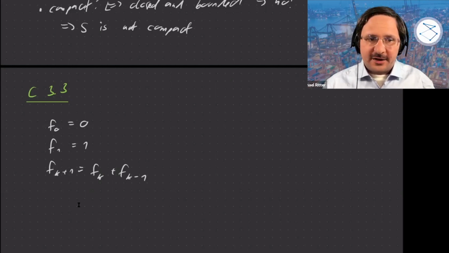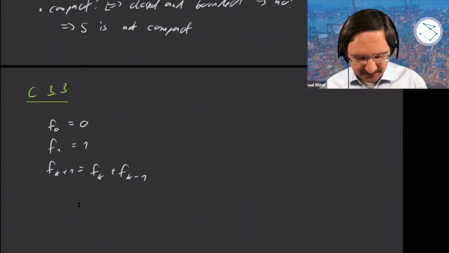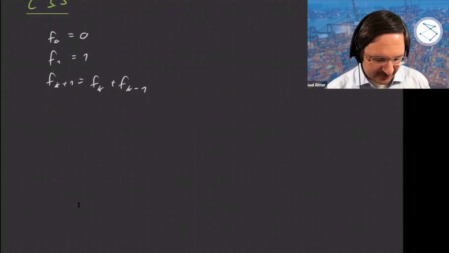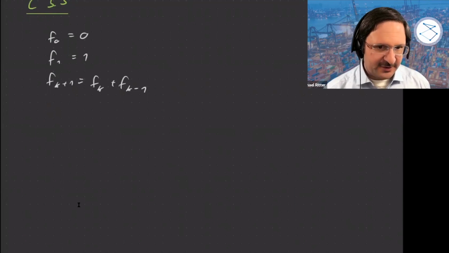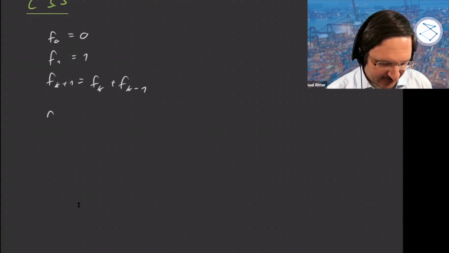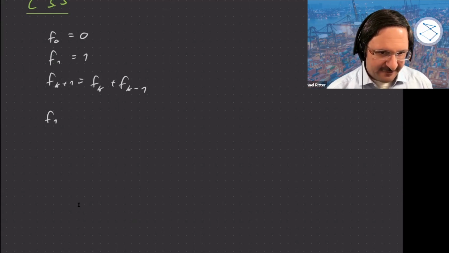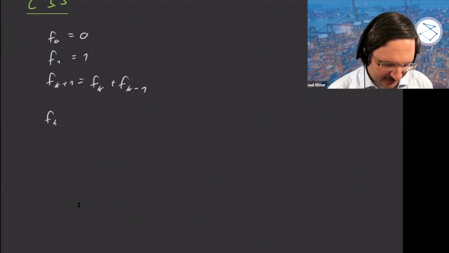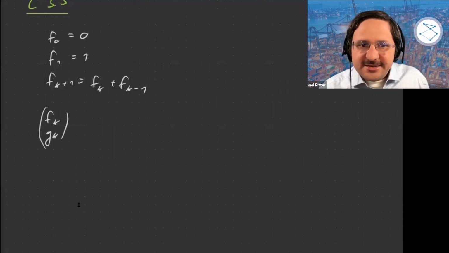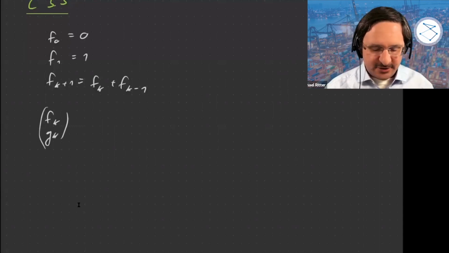And of course, that can also be written as a vector-matrix equation. So the idea here is simply to say, well, I have this sequence (f_k, g_k) of a 2D sequence of vectors with two coordinates.